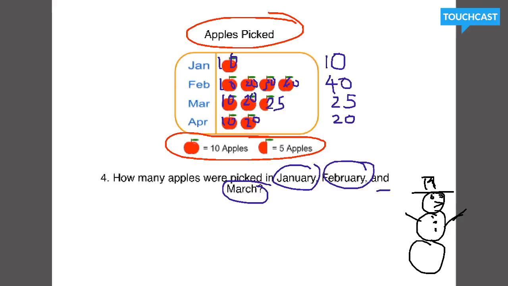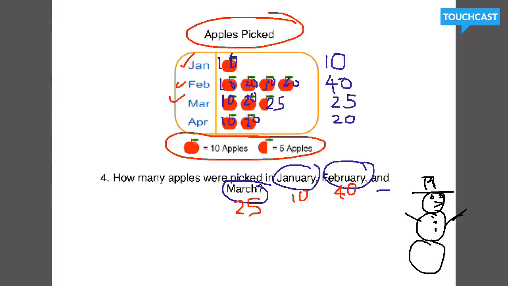All right, so how many apples were picked in January, February, and March? So let's look at January. 10. February, 40. March, 25. So what do we need to do? Do we need to add? Do we need to subtract? We're trying to figure out January, February, and March.